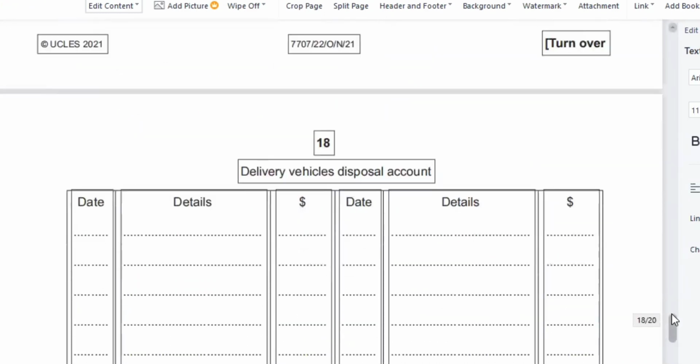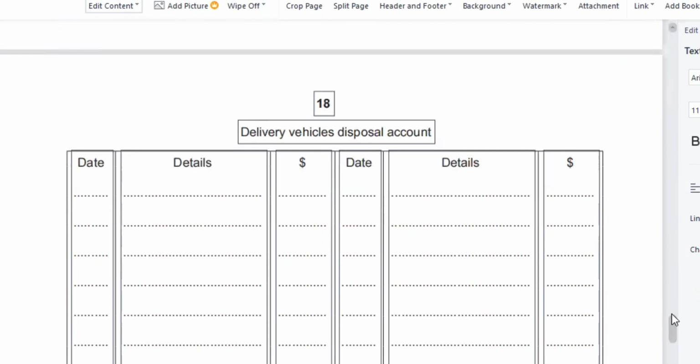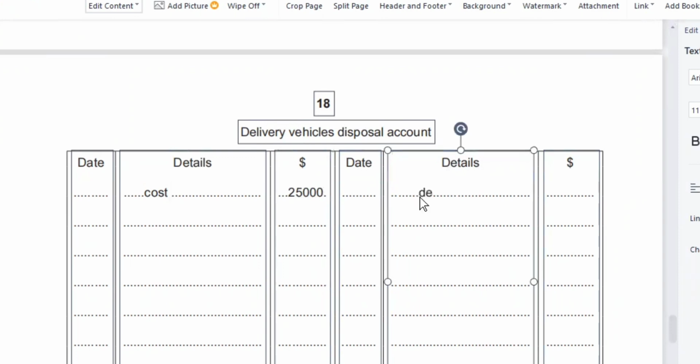Moving towards the disposal account. Disposal account cost, that was 25,000. Vehicle B. Depreciation, that was 11250. And bank at which it was sold was 10350.